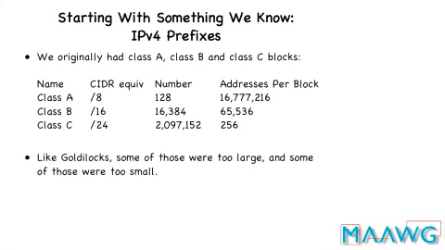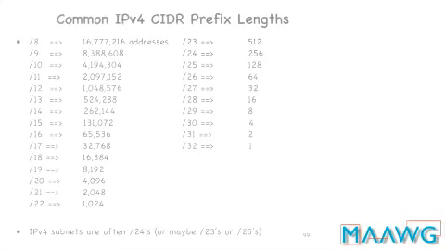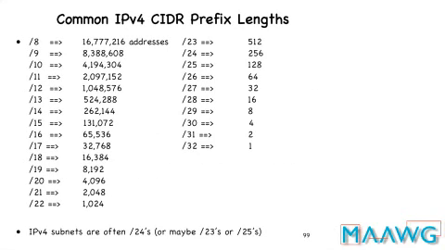So then we went ahead and got CIDR, or classless interdomain routing, and we had the ability to have much more granularity, much more flexibility. You could have anything from, let's say, a /27 all the way up to, say, a /12 or /13, whatever it might be that you needed. And of course, a lot of times v4 subnets are /24s.